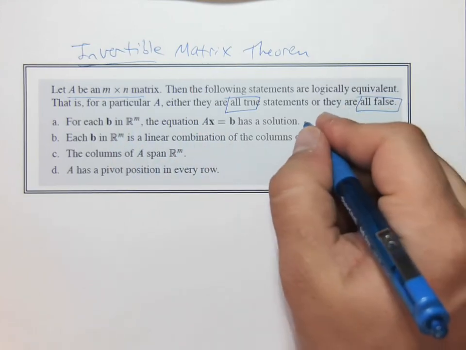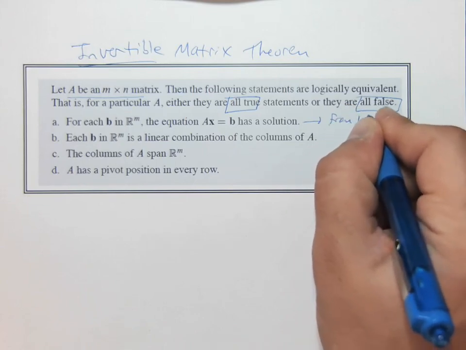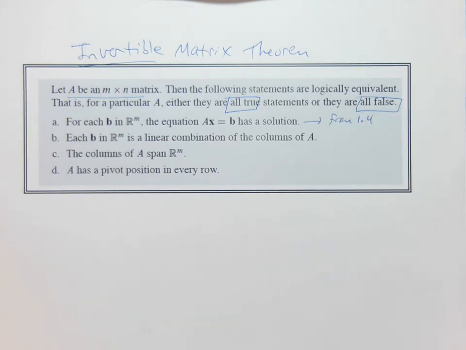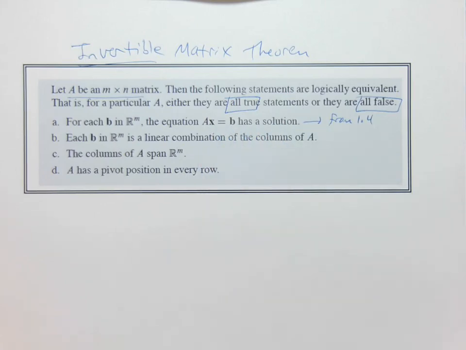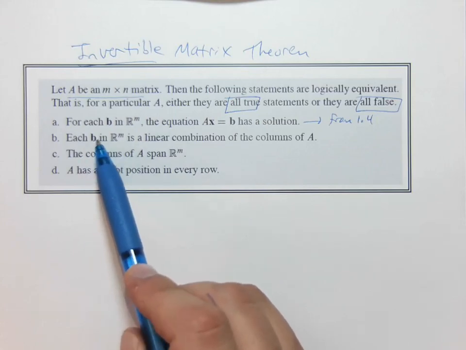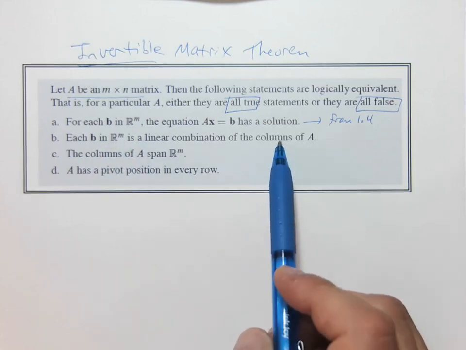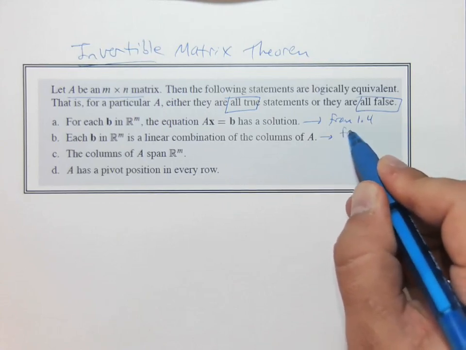And we learned about that in section 1.4. Right, we know it's going to have a solution if the inner dimensions match between A and x. Well, that also is logically equivalent to every b in Rm being a linear combination of the columns of A. So that's just restating the thing we just said a second ago, also from this section.